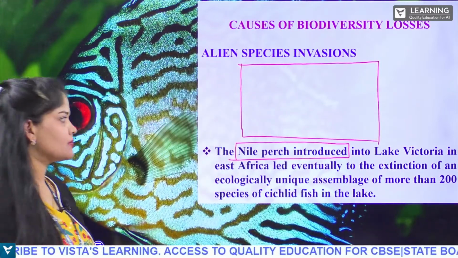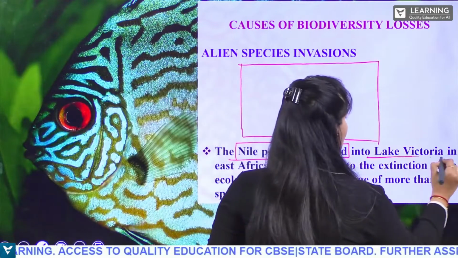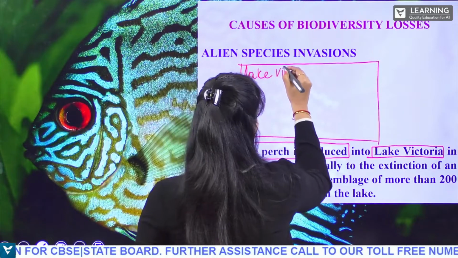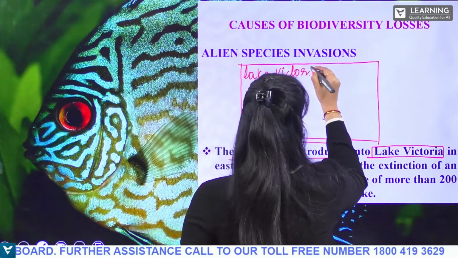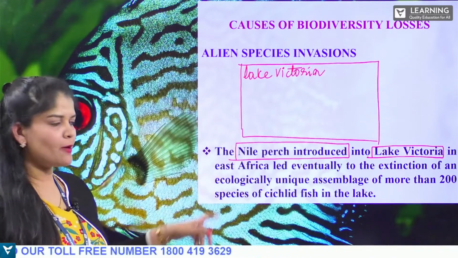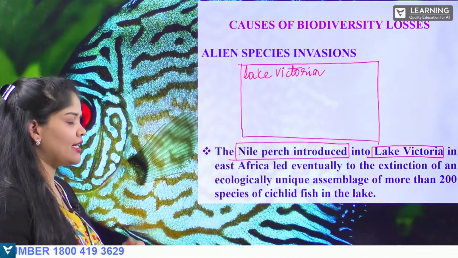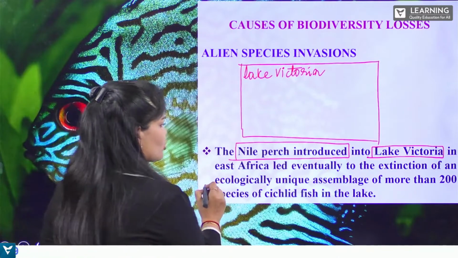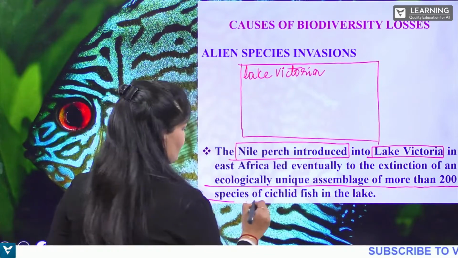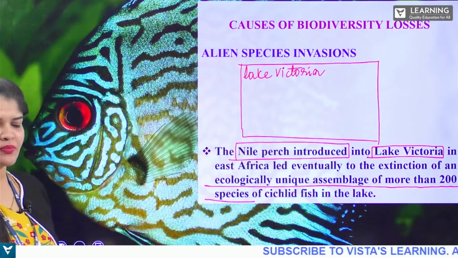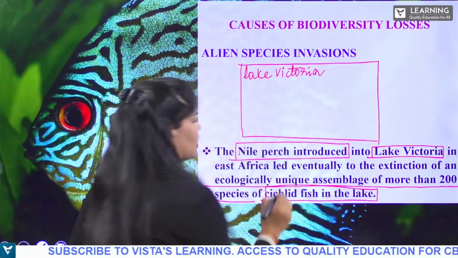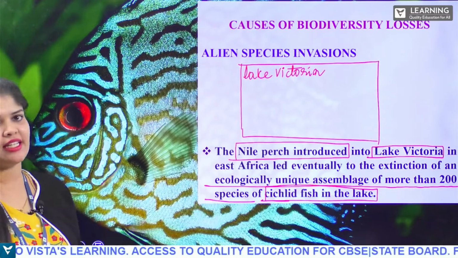It was introduced into Lake Victoria, which is present in East Africa, and led eventually to the extinction of an ecologically unique assemblage of more than 200 species of cichlid fish in the lake.